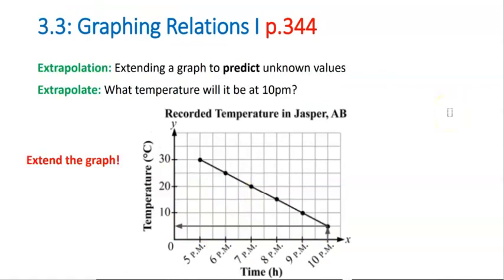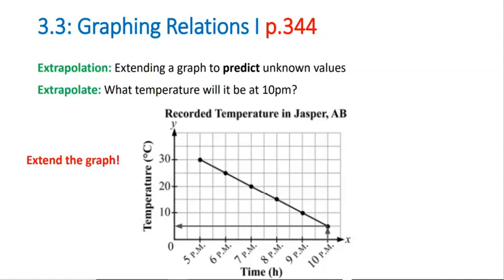So interpolating is pretty straightforward, but sometimes we have to extrapolate. Extrapolate means we extend the graph, and we can even use the equation, which we'll practice. And that's a way for us to predict unknown values.